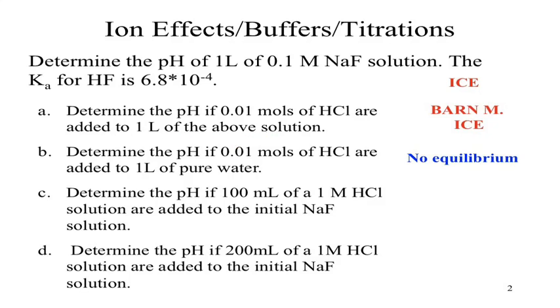We need to see how one molecule interacts with another molecule. So we have to convert all of our starting information into mole units. We'll convert our HCl into moles, and we'll convert our sodium fluoride into moles. And that's what these two calculations show. Questions about that first step?